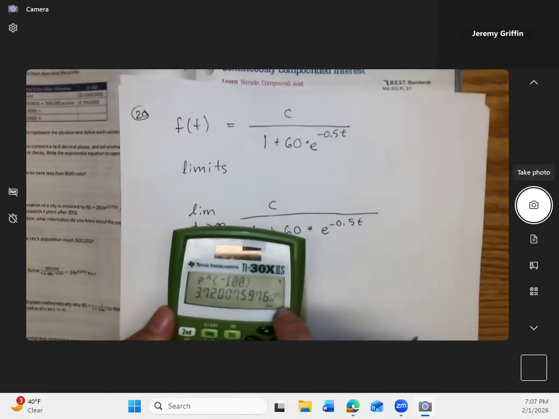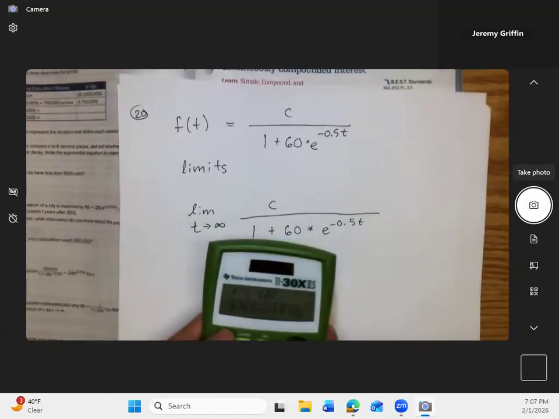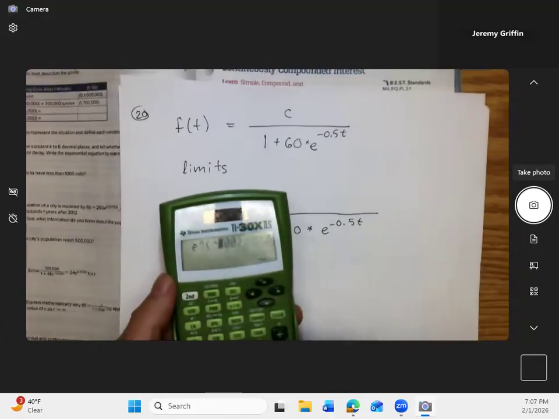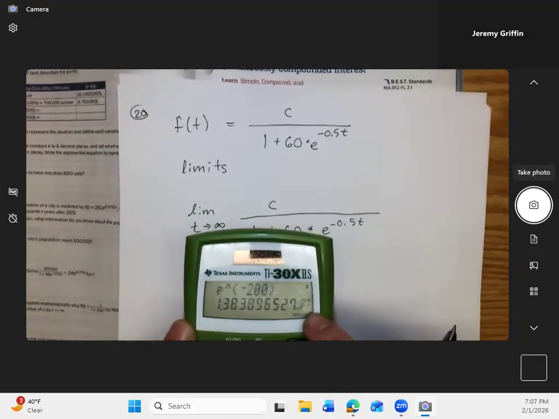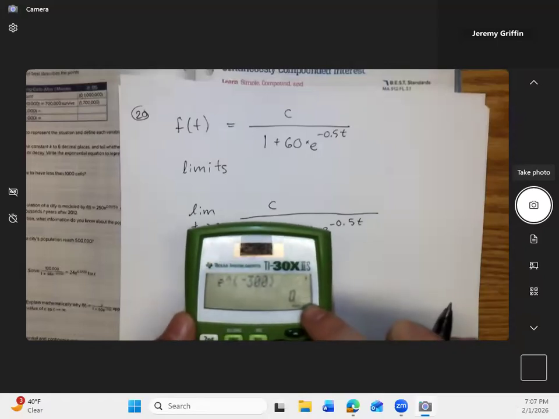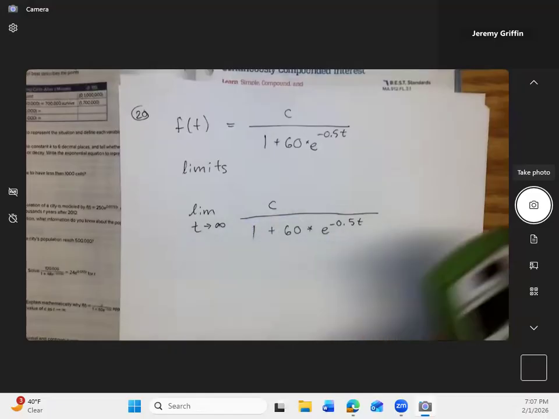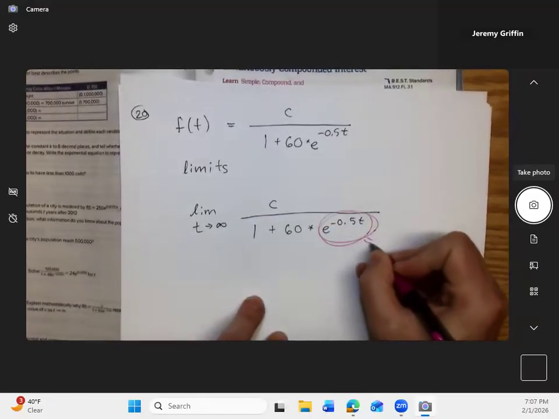It's like 0.00000, 40 something zeros before you even hit any digits. Let's try 200. I didn't even think that was going to show up on my calculator. 10 to the negative 87. Let's try 300. At that point, it just kind of runs out. It's pretty much approaching 0. So this part right here goes to 0.